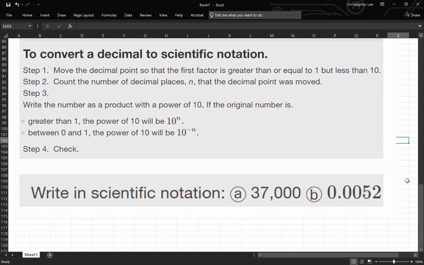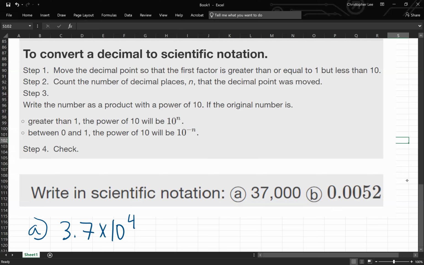So I'm looking at A. A is 37,000. That's the number. Somebody tell me what that is in scientific notation. 3.7 times 10 to the what power? Very good. That's it.